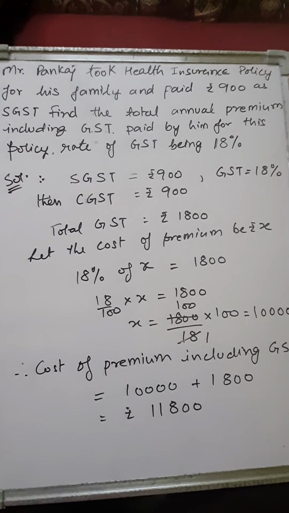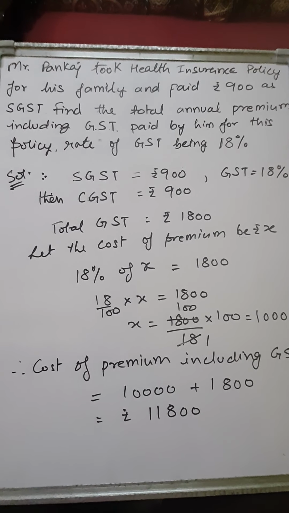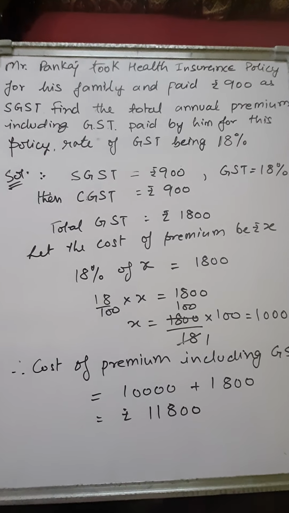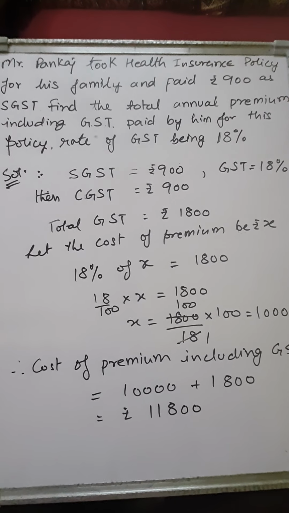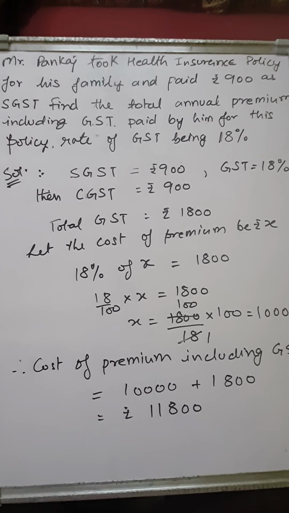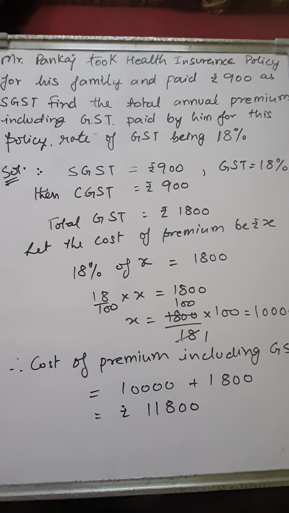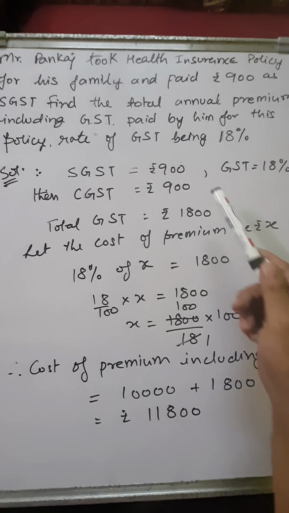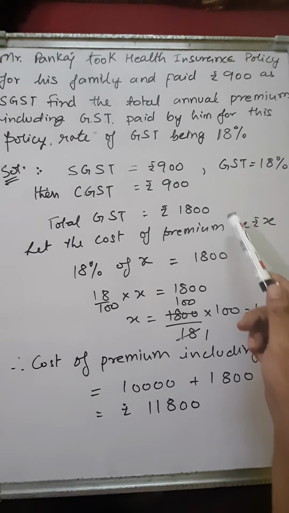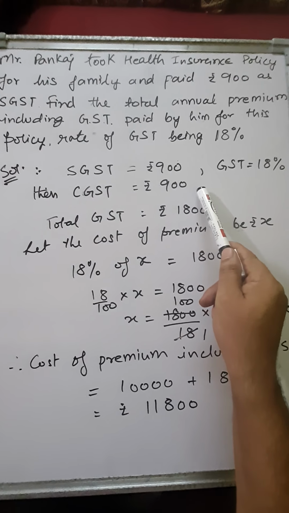Now we know that if intra-state movement is happening, then whatever the SGST is, the CGST is the same. That means suppose GST is 18% and intra-state movement is happening. So if SGST is 900, then CGST will be 900.